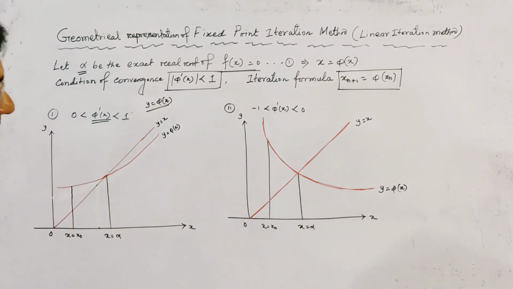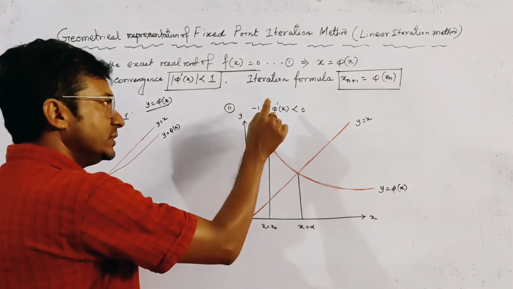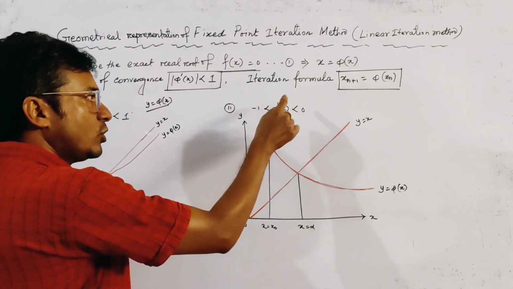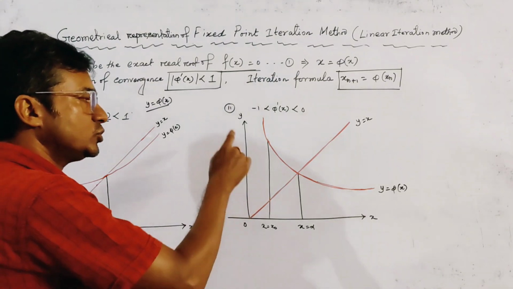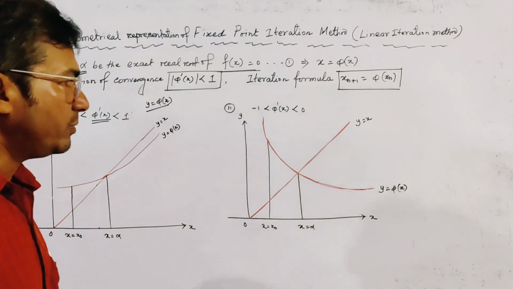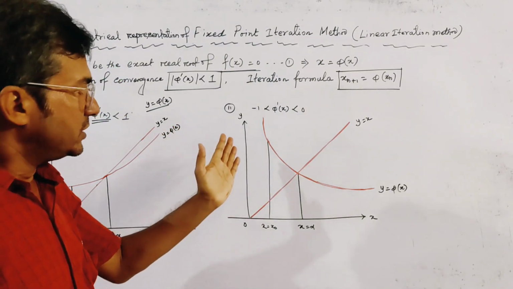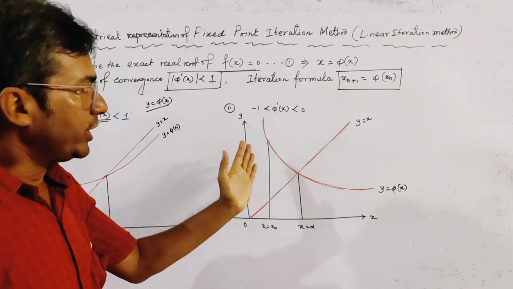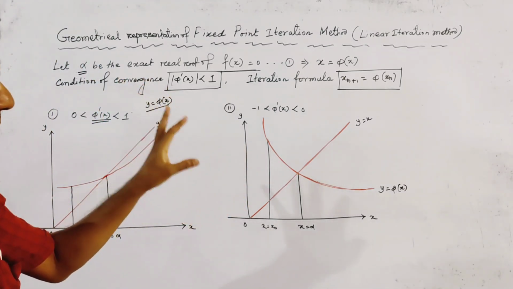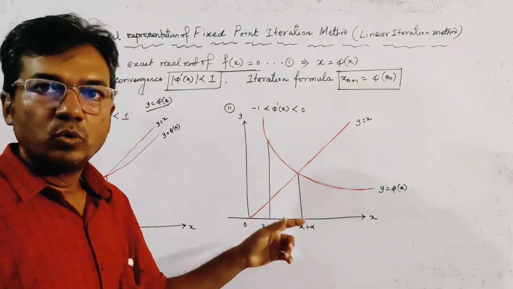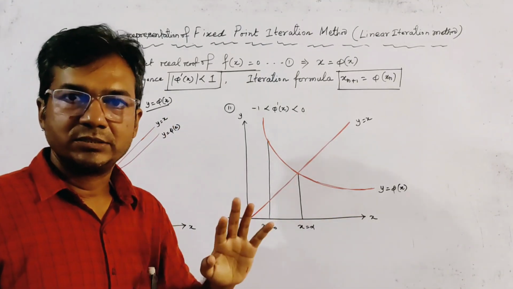In the second case, the derivative phi'(x) is always less than 0 and greater than -1. So in this case, the curve must be such that the tangent at any point of this curve makes an obtuse angle with the positive direction of the x-axis.